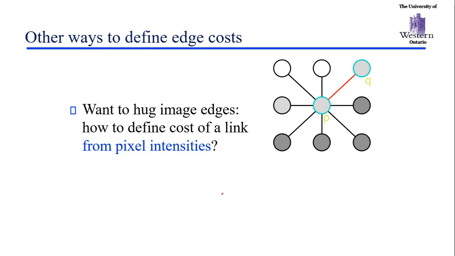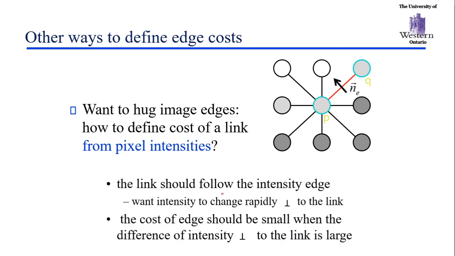Okay, so we want to hug the image edges. So how do we find the cost of a link from pixel intensities? When we consider this red link between P and Q, you can say this pixel is quite dark and this pixel is quite bright. Therefore, perpendicular to that edge, our gradient is quite high.